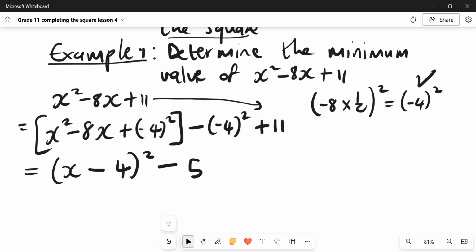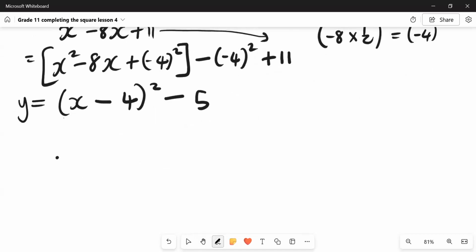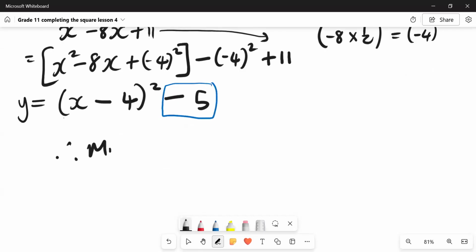If you're not sure, you can just use your calculator, right? So your y is equal to that. Now we have to say, therefore, what is our y value at turning point? Here's our y value at turning point, which means we have to conclude and say minimum value is equal to negative 5.